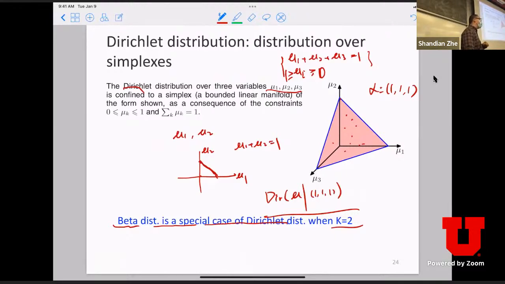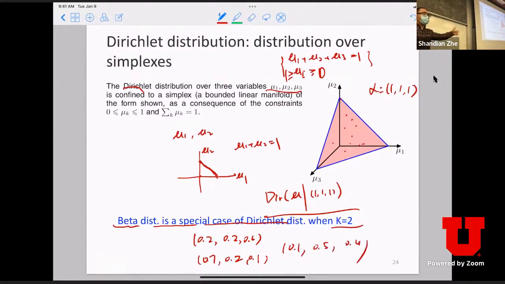It could be 0.2, 0.2, 0.6, it could be 0.7, 0.2, 0.1, could be 0.1, 0.5, 0.4, right? You can use that to generate different probability vectors.